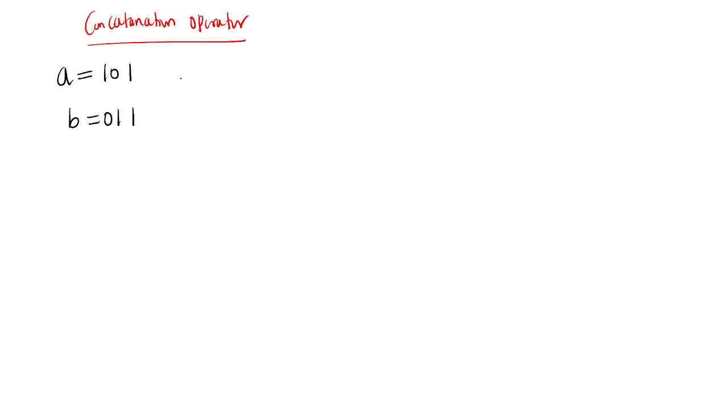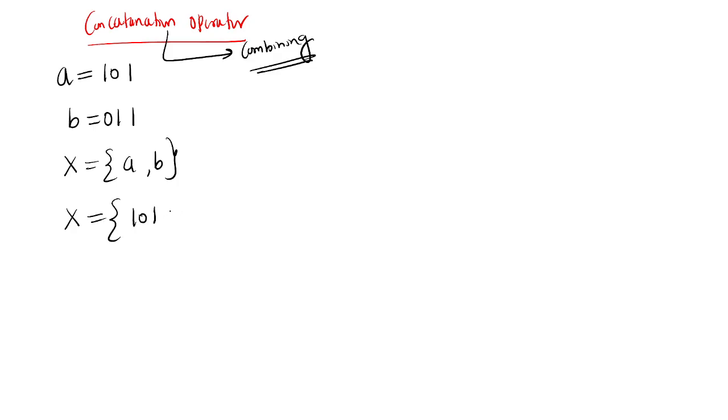Concatenation is nothing but combining. Suppose x equal to, I am concatenating a comma b. What is the result? X equal to 101 and 011, like this you will get. Suppose x equal to, I am concatenating b comma a. What are you getting? 011 and 101. Just combine.